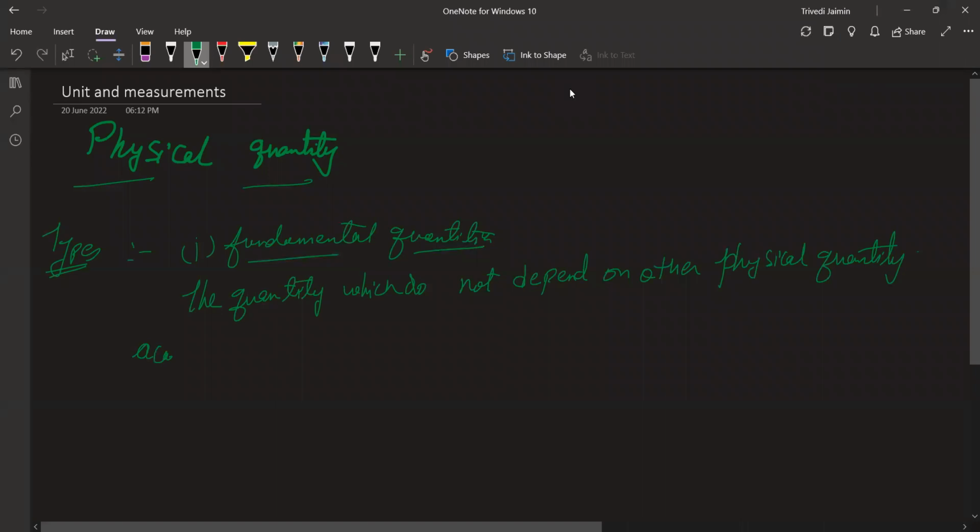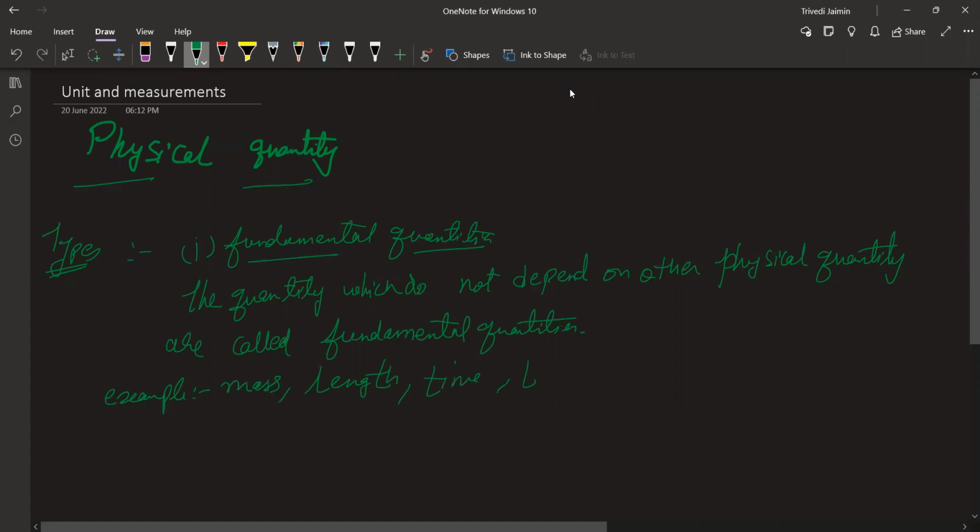These are called fundamental quantities. So for example, just now we said: mass, length, time, yes, very good.